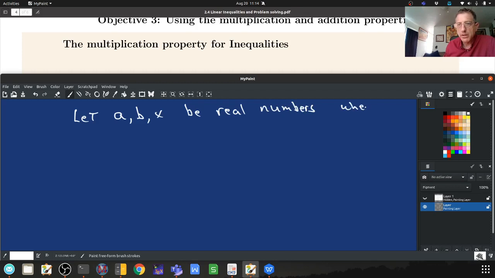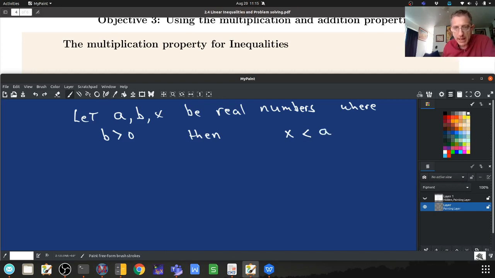Where B is greater than 0, then X less than A. When I use the less than there, you could use any of our four inequality symbols. Then, B is greater than 0, so I want BX less than BA.